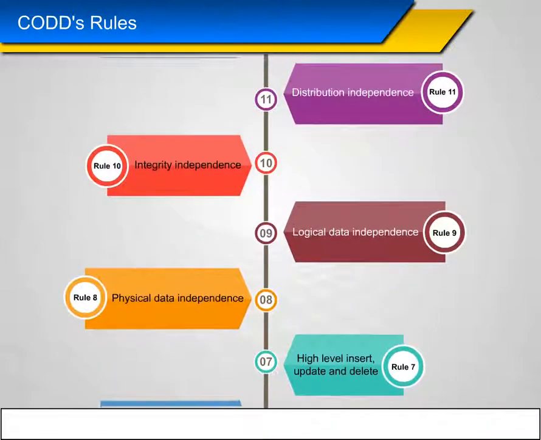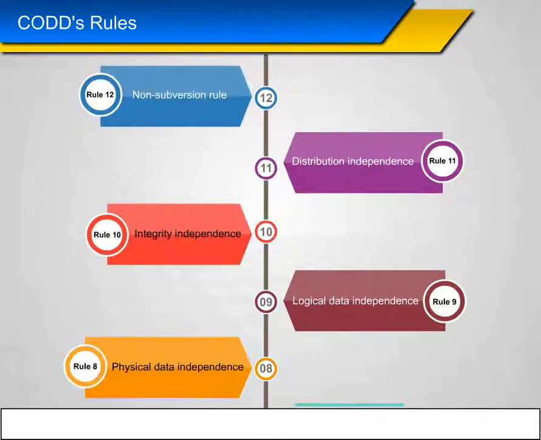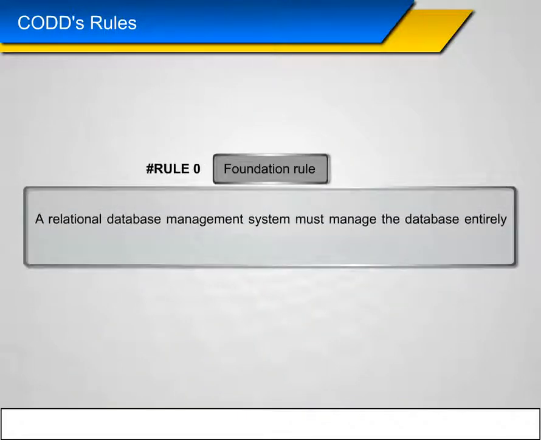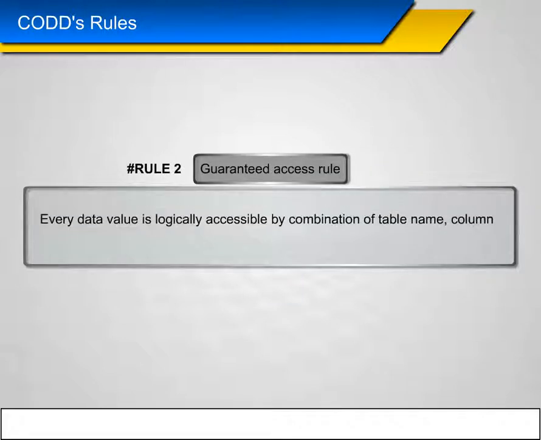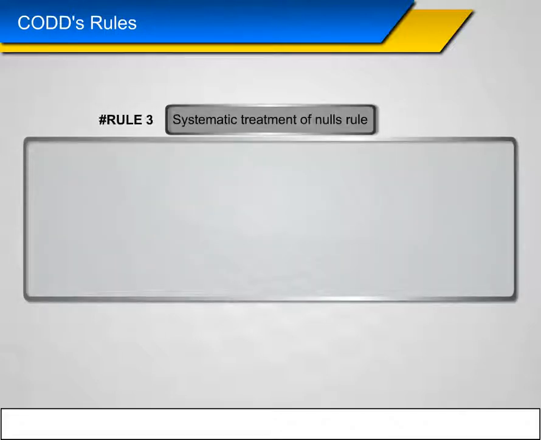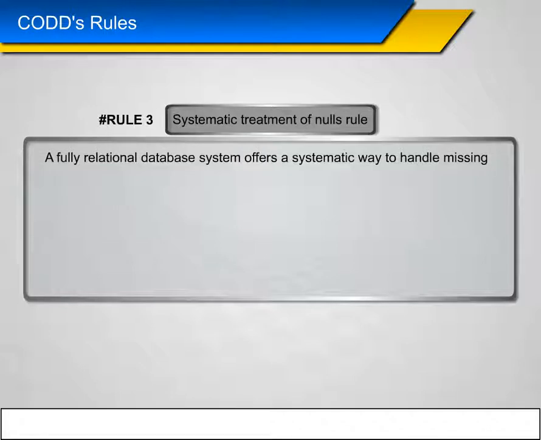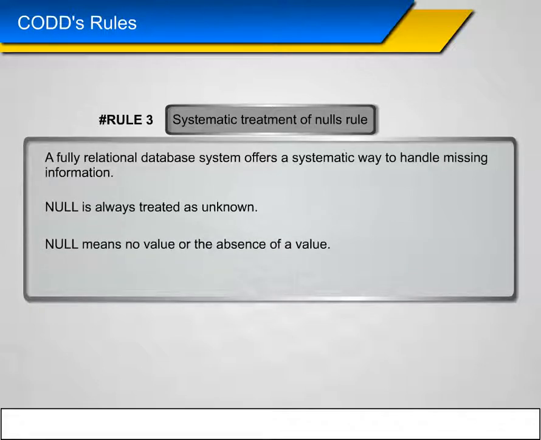Rule 4, Active Online Catalog based on the Relational Model. Rule 5, Comprehensive Data Sub-Language Rule. Rule 6, View Updating Rule. Rule 7, High-Level Insert, Update and Delete. Rule 8, Physical Data Independence. Rule 9, Logical Data Independence. Rule 10, Integrity Independence. Rule 11, Distribution Independence. Rule 12, Non-Subversion Rule.